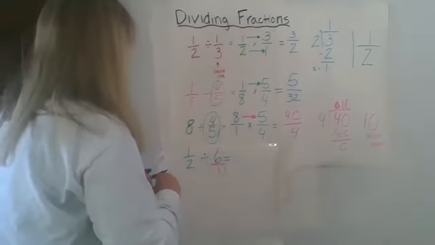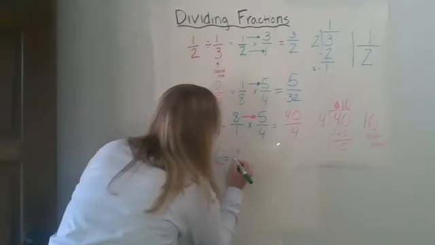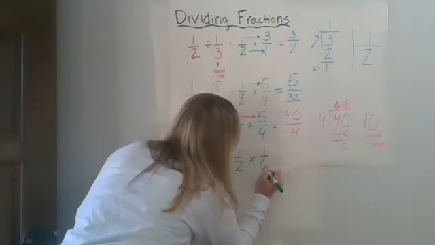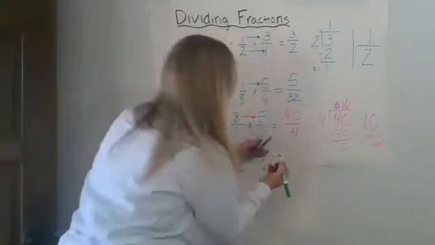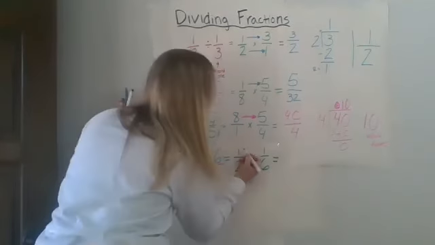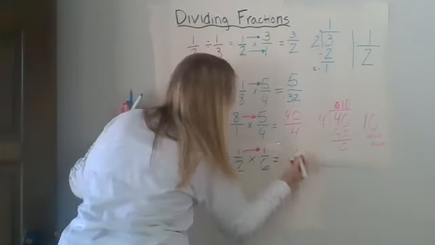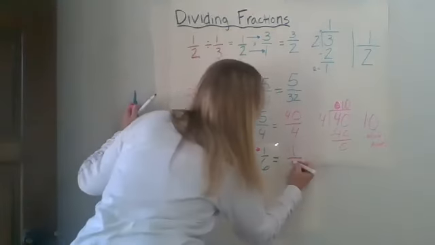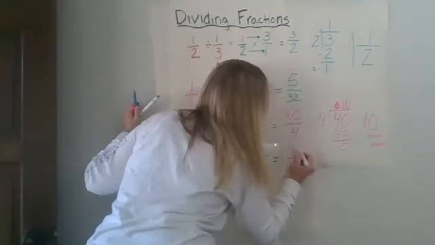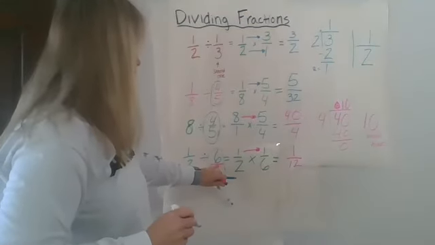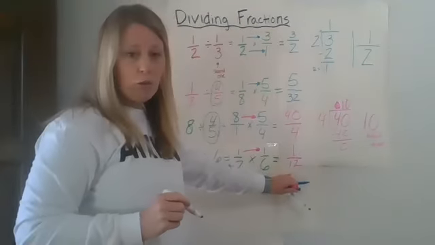My new problem would be 1/2 times 1/6. So at that point, I know 1 times 1 is 1. And I know 6 times 2 is 12. So I have come up with 1/2 divided by 6 is the same as 1/12.